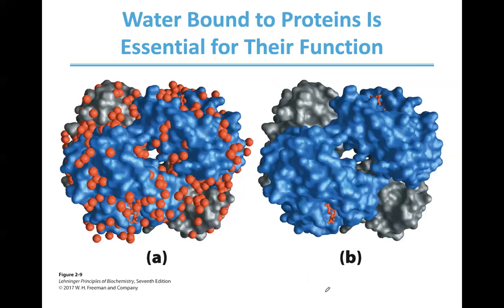And finally, we have just a few minutes. Water is not only a solvent, but it's also bound to proteins and is essential for their function, right? You can see here in red, I think those are all molecules of water.